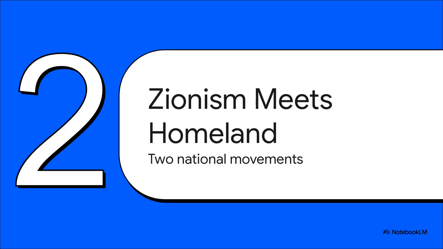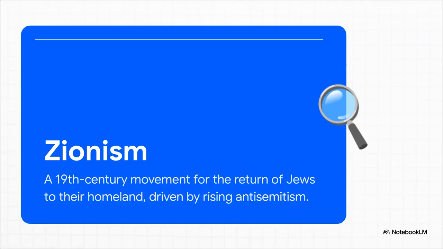Okay, now let's see how this ancient history starts to build into the modern era, because the late 19th century saw the birth of two powerful national movements that set their sights on the very same land, each one seeing it as their rightful home. Zionism really came from a place of crisis. With anti-Semitism just exploding across Europe, many Jews began to believe that the only way to ever be safe was to establish their own state back in their ancestral homeland, the land of ancient Israel and Judah.